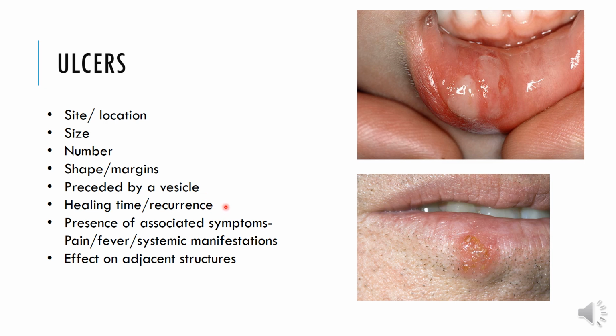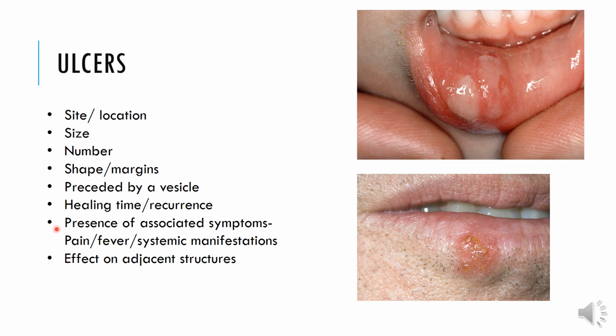What about the healing time or the recurrence? Presence of associated symptoms like pain, fever, is there any systemic manifestation, and the effect on adjacent structures. All of these points put together will help you arrive at a diagnosis. This is essentially a combination of history and the examination that you do.